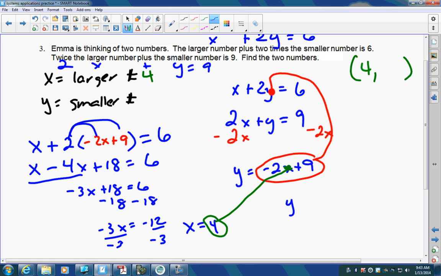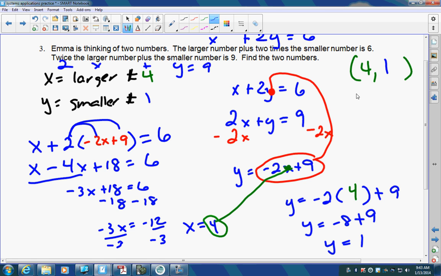So I get y equals negative 2 times 4 plus 9. Y equals negative 8 plus 9. Y equals 1. So what does that mean right here? The smaller number is 1, and the larger is 4.